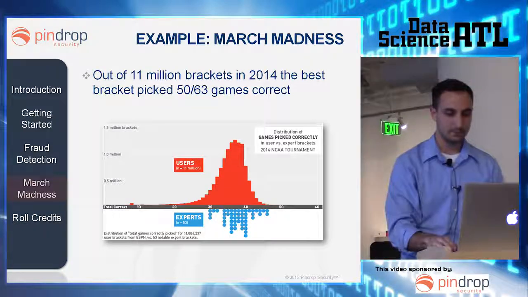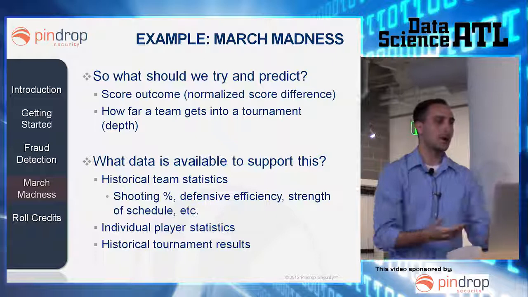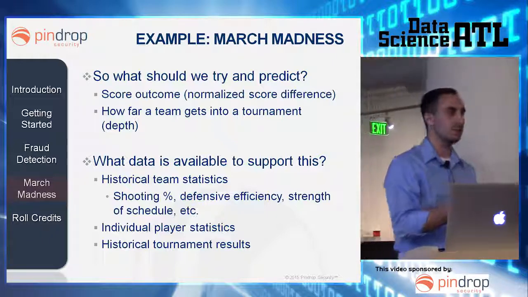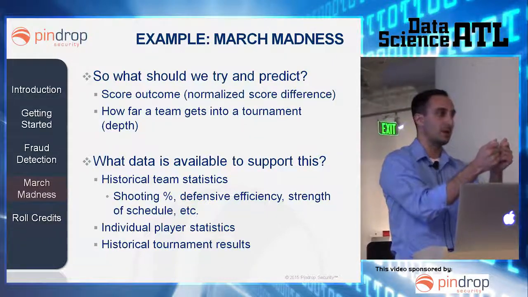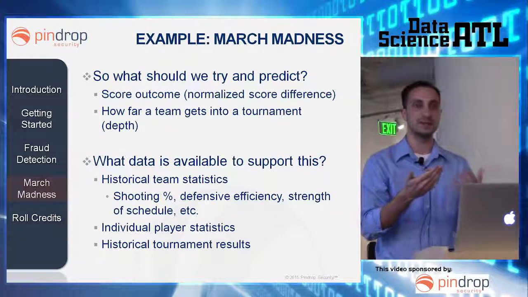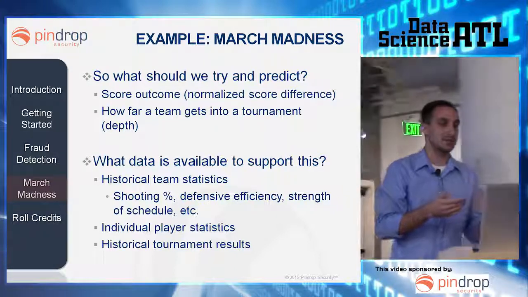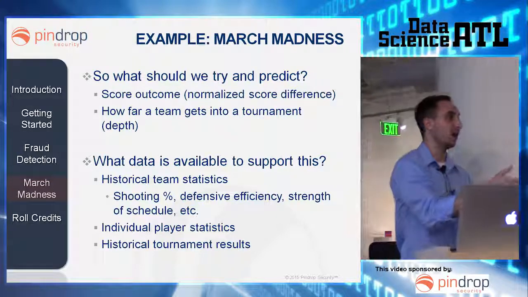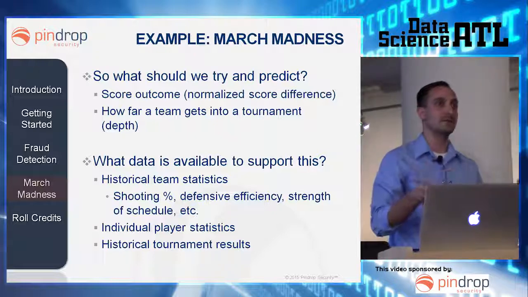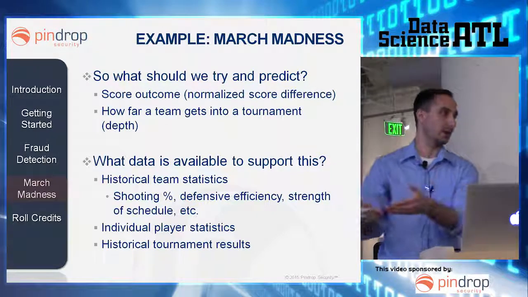So let's look at what we should try and predict. There are a couple options here. One is we could pit each team against one another in a virtual way and try and predict the score difference between these teams. Or another option is to go ahead and just say, with this team as they are, just general information about how good that team is, how far are they going to get into the tournament?